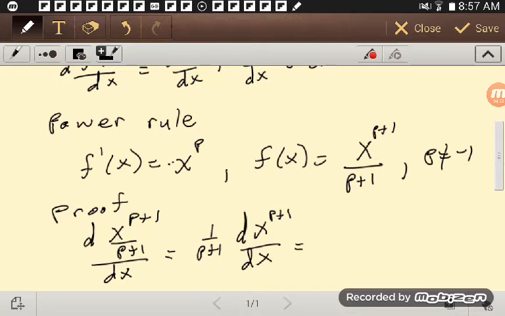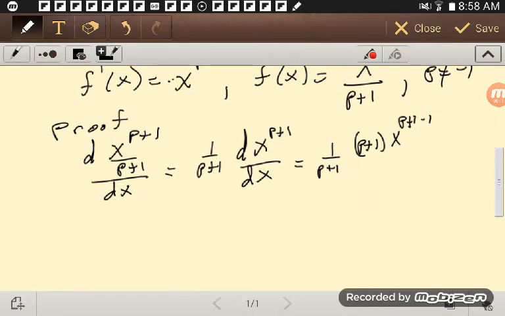Then using the power rule of differentiation, I get 1 over p plus 1 times p plus 1 times x to the p plus 1 minus 1.